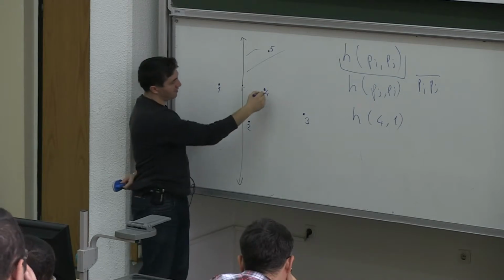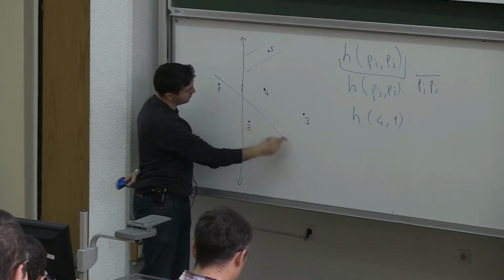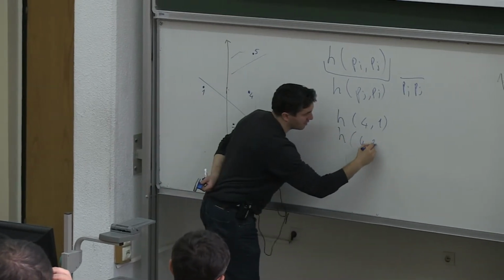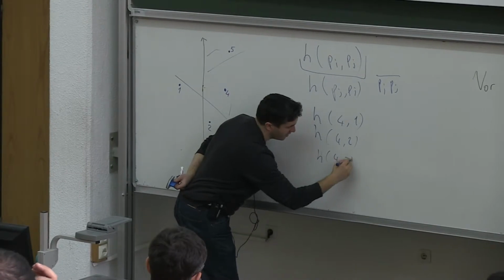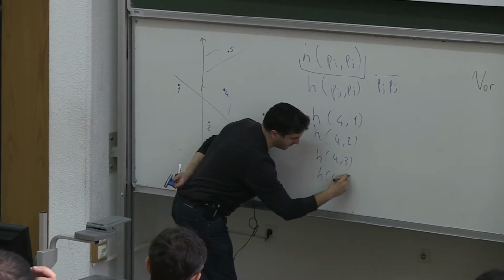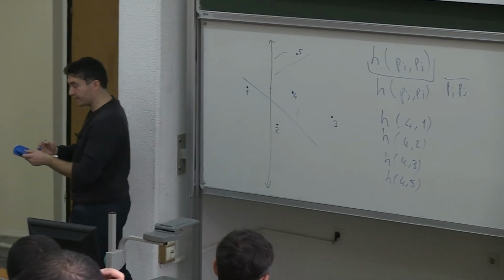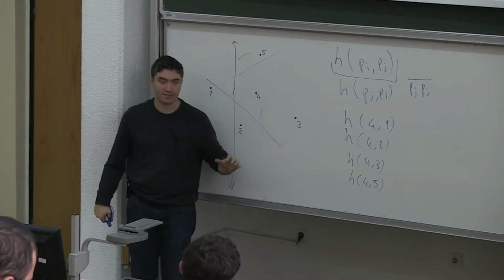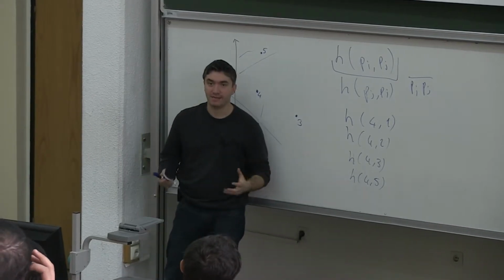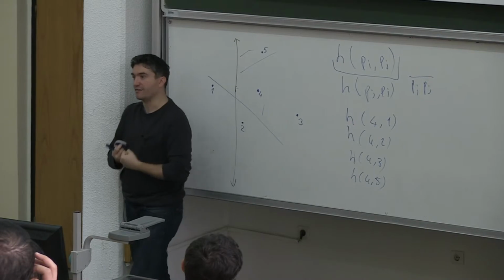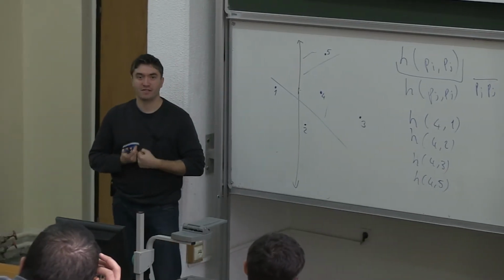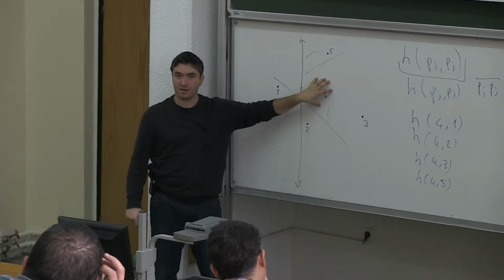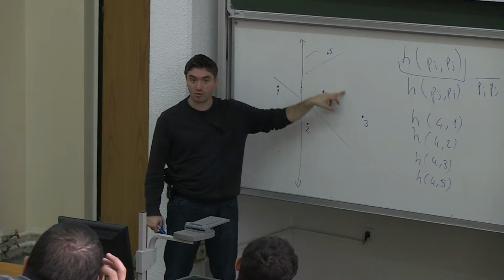And I'm going to look at H42, which is going to be this region. H43 and H45. So all these half planes, comparing with all the other points, are going to give me half planes that belong to site 4. And the intersection of these half planes is going to give me the region that uniquely belongs to this site.